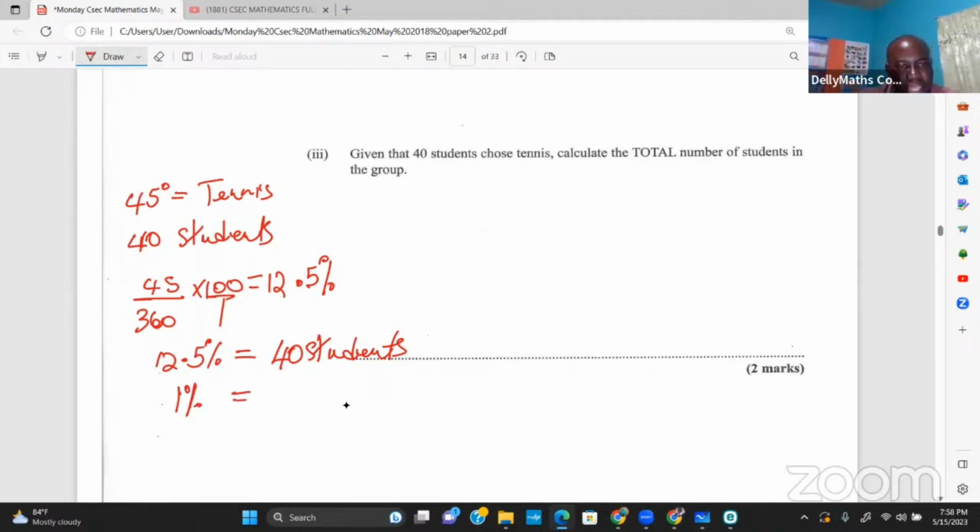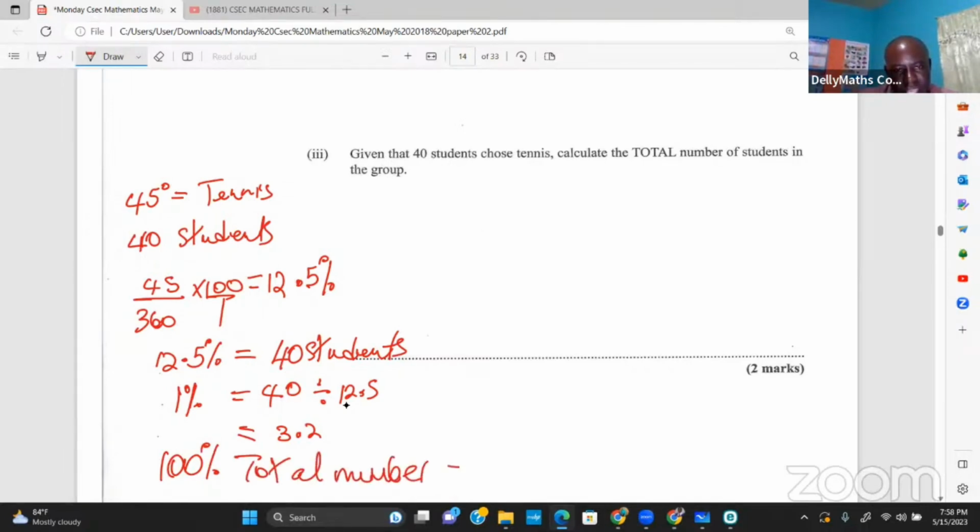I could say 1% is 40 divided by 12.5, and we're going to get 3.2, which means 100%, the entire group, is 3.2 times 100, and that is 320 students. That's one approach, but I never had to do it like that. That's solution 1.